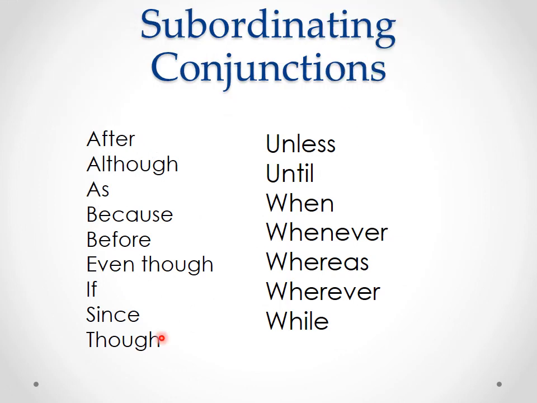Now these are some examples of frequently used subordinating conjunctions: after, although, as, because, before, even though, if, since, though, unless, until, when, whenever, whereas, wherever, while.